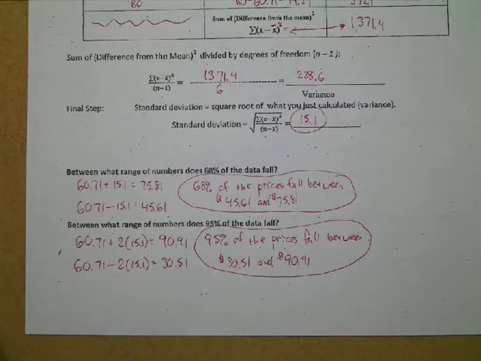If you go 1 standard deviation above or below your mean, that will account for about 68% of your data. If one data set's standard deviation is bigger than another's, that data set is more spread out. To get 95% of your data, you go 2 standard deviations away from your mean, in both the positive and negative direction, and that gives you an interval where 95% of your data is.